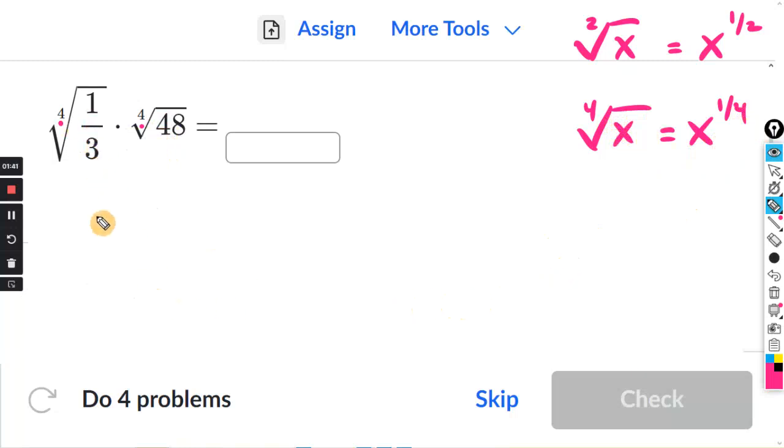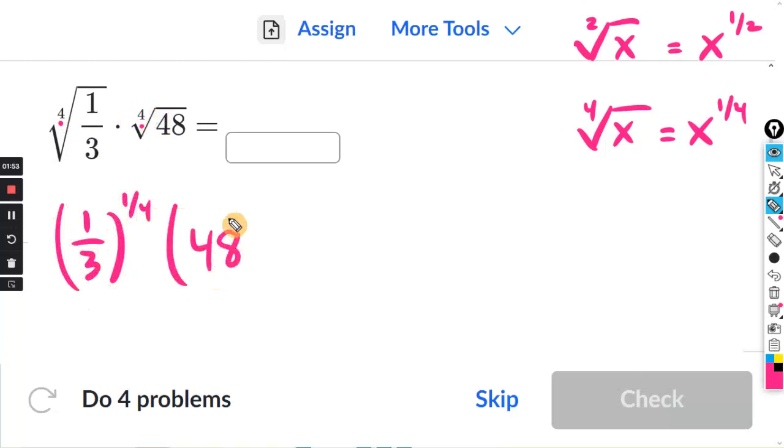All right, so fourth root of 1/3 is going to be 1/3 to the power of 1/4. And the fourth root of 48 is the same as 48 to the 1/4. Now, as we said in the beginning, when the exponents match, you can combine these two terms.